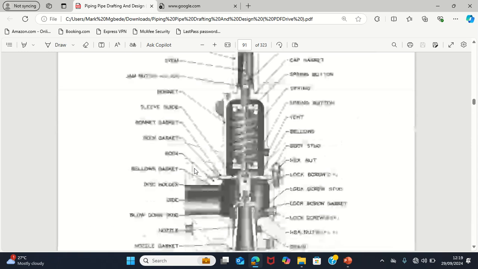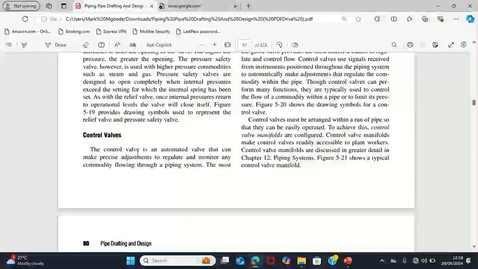So a control valve can be any kind of valve, maybe a diaphragm valve, a globe valve, or a gate valve, but with an automatic adjustment system, maybe connected to a sensor in order to operate in a certain way.